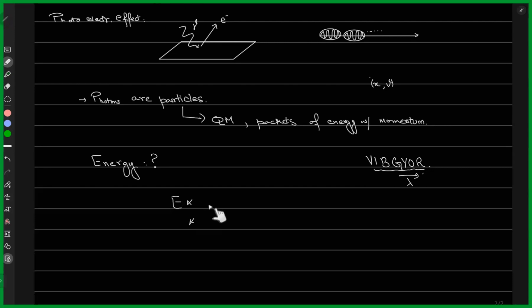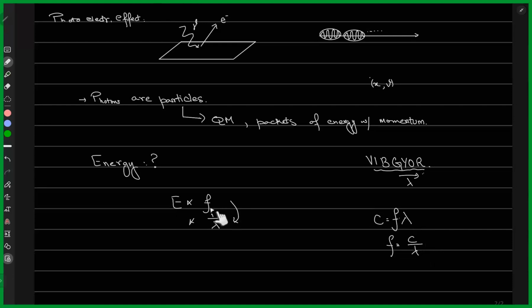It directly depends on the frequency f, and it depends inversely on lambda, which should be clear because this inverse relation is derived from the direct relation to frequency, because we know that the speed of light c is f lambda, which means that f is just c over lambda.